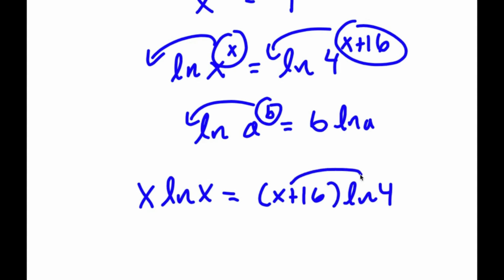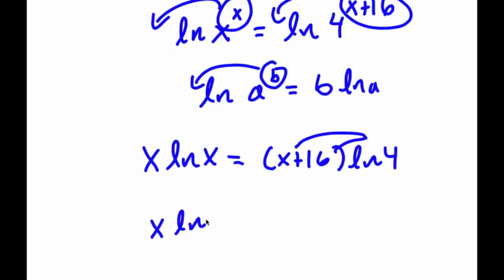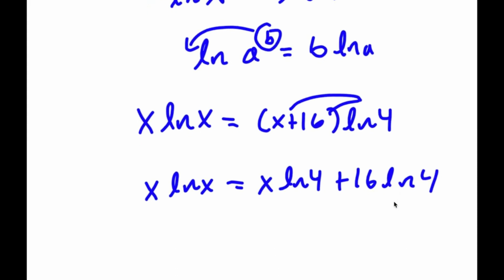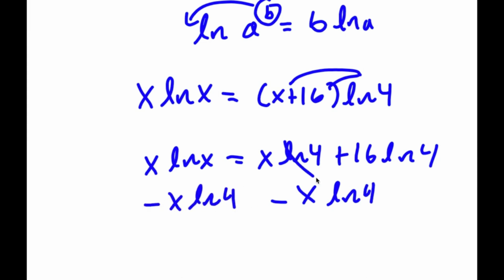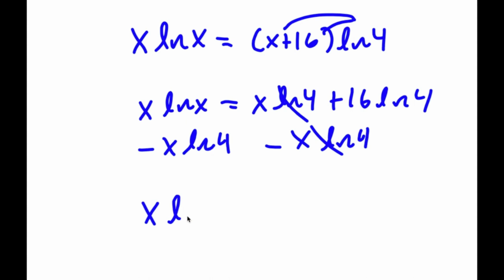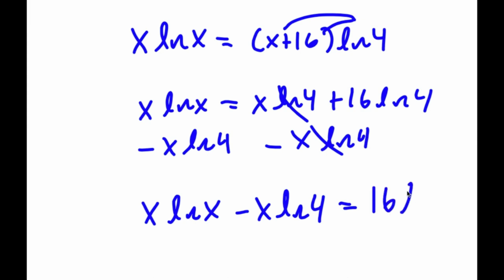Now if I distribute the ln 4, I get x times ln 4 plus 16 times ln 4. Now if I subtract x times ln 4 on both sides, these two cancel out, and I get x times ln x minus x times ln 4 is equal to 16 times ln 4.